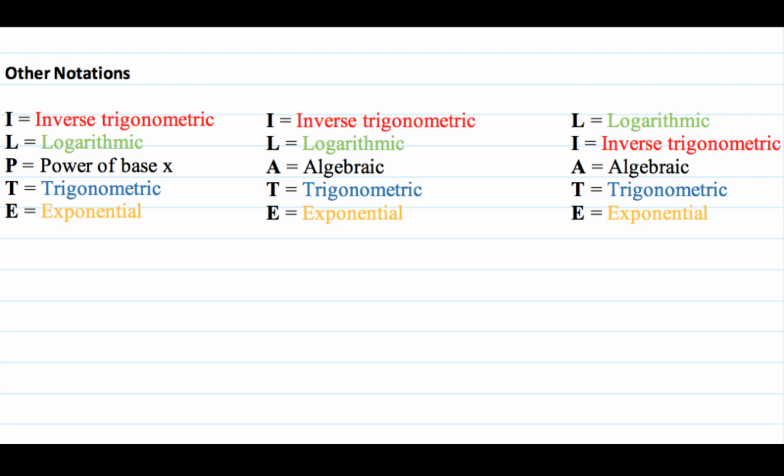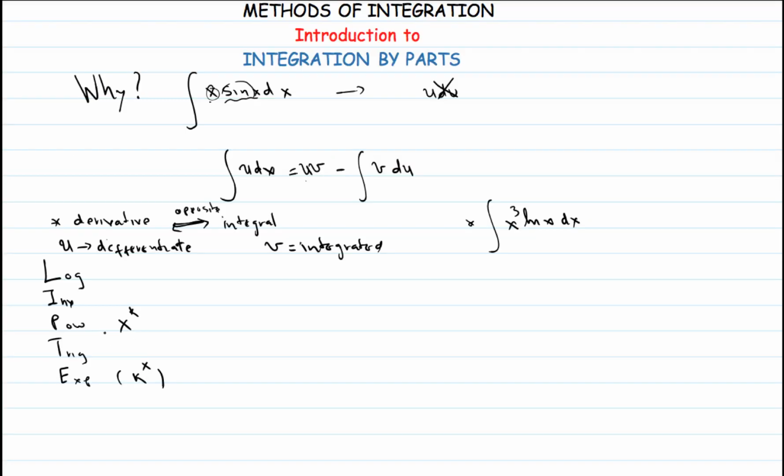So in order for us to decide what our u is, which is the function that we're going to differentiate, we have to follow these rules. The first thing we find is going to be our u, and after we find u, the remaining part is the dv. So check this.